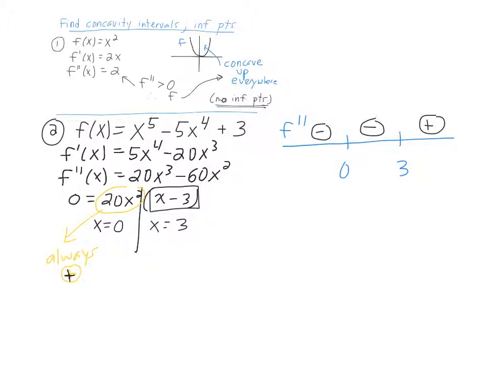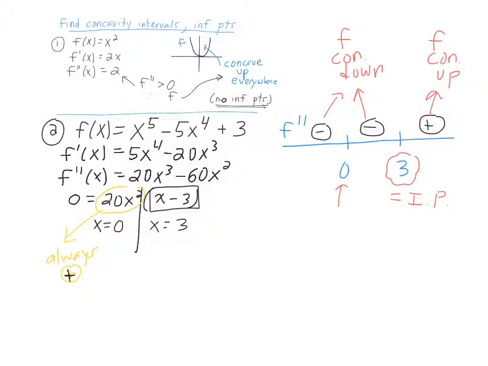So first understand what these signs mean. These two negatives here suggest that f is concave down. Okay, it's bent downward. This positive suggests that f is concave up. Now, when x equals 3, this is our only inflection point. This 0 is not an inflection point.